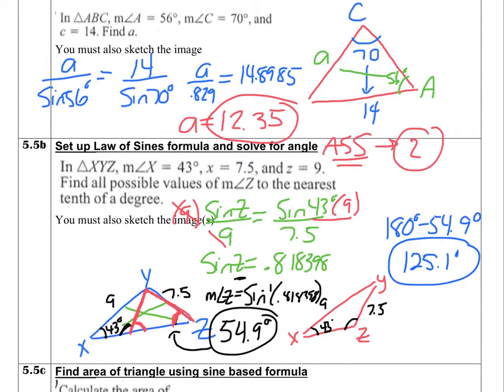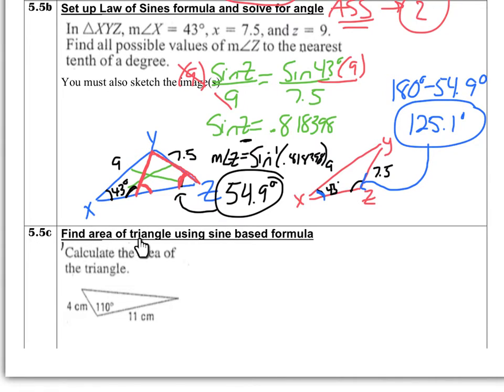Now, is it possible? Can we have 125.1 here and add to it 43 degrees and still have room to make a 180 degree triangle? Yes, we can. So this problem actually has two answers, here and here. If this is not possible, where it would exceed 180 degrees with just two angles, you would have to cross this out and you cannot count that as an answer.